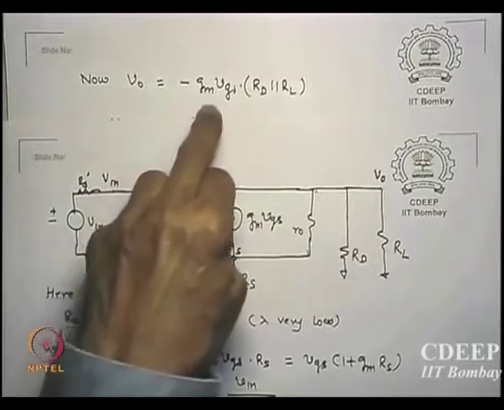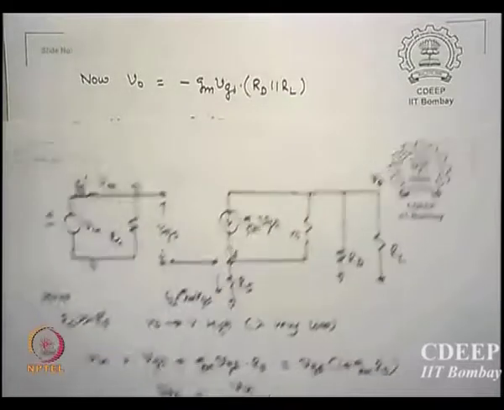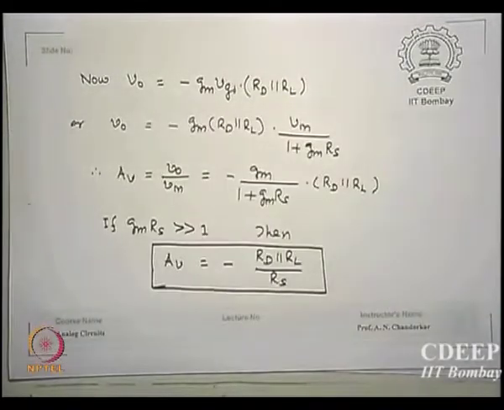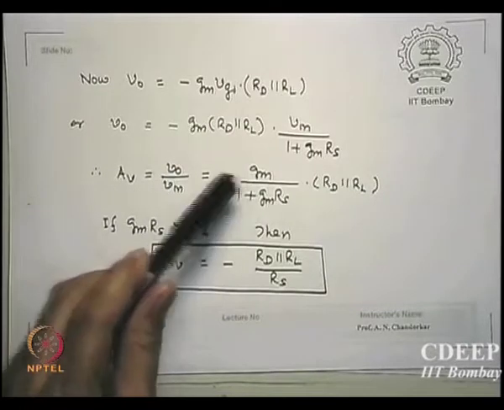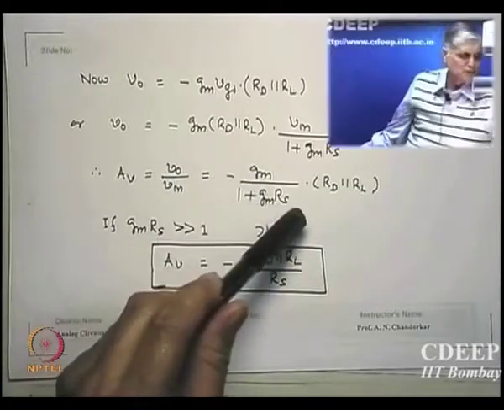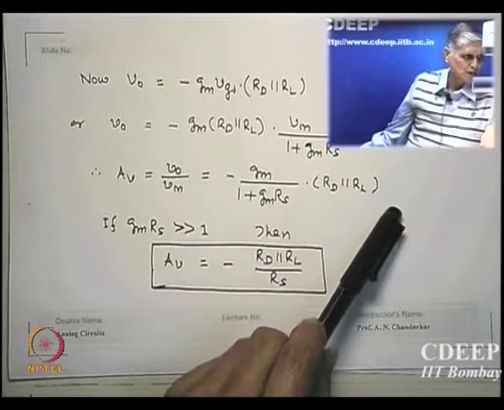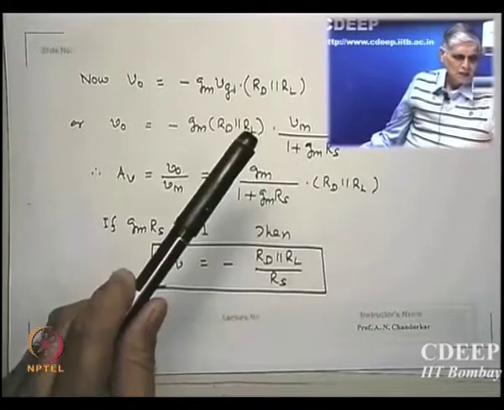So I write gm VGS times RD parallel RL is V0, then I replace VGS by Vin upon (1 plus gm RS). So I get Av equal to V0 by Vin, which is minus gm upon (1 plus gm RS) times RD parallel RL.